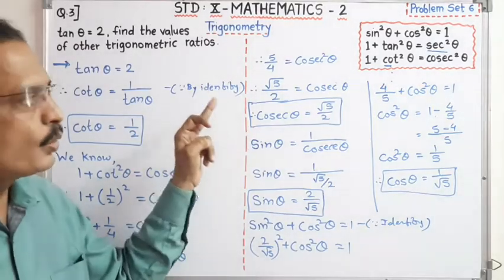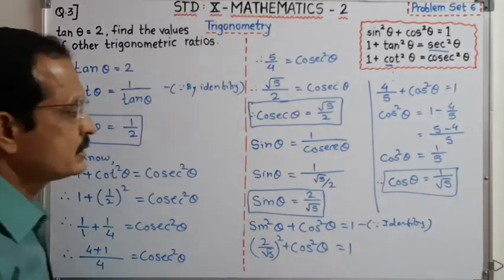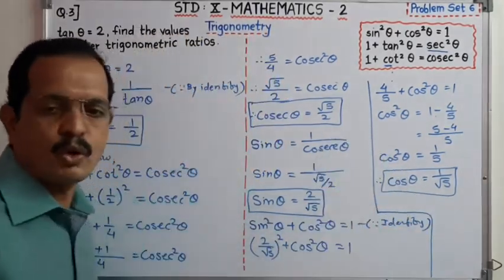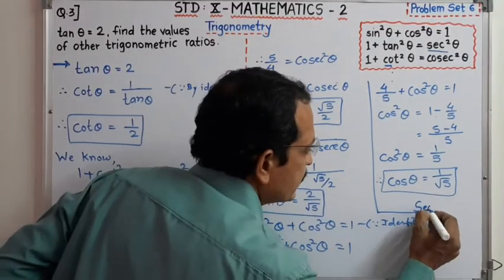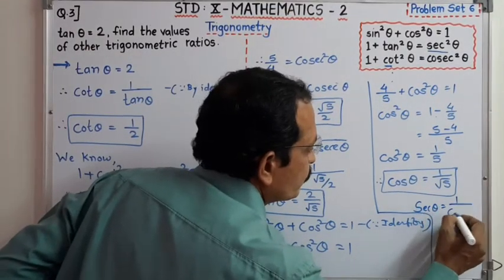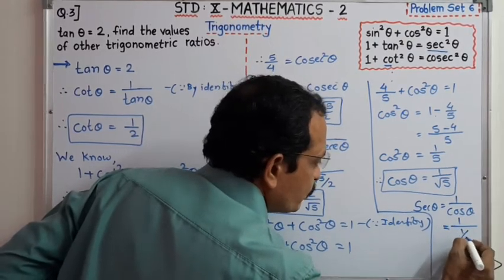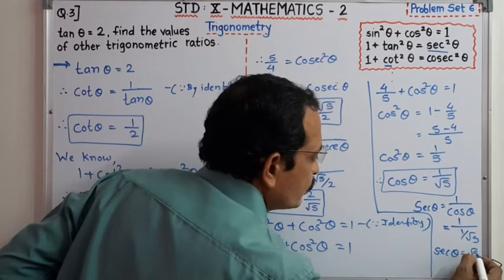Got it? Now we have to find out sec theta. Sec theta means inverse of cos. Therefore we can write sec theta is equal to 1 upon cos theta, which is 1 upon 1 upon root 5. Therefore sec theta is equal to root 5.